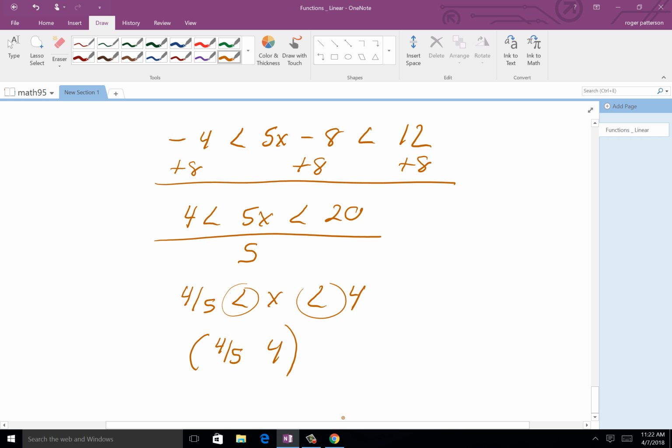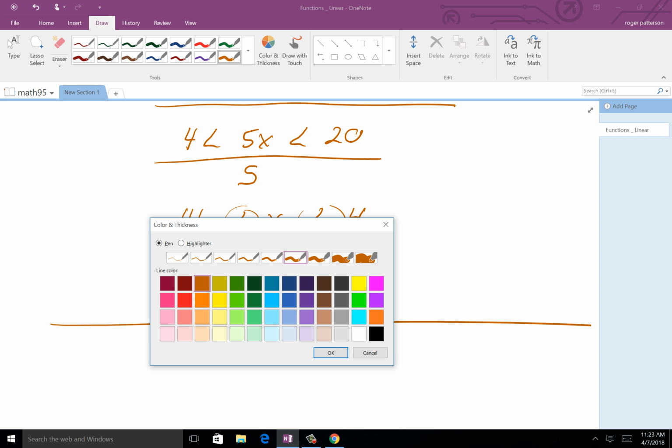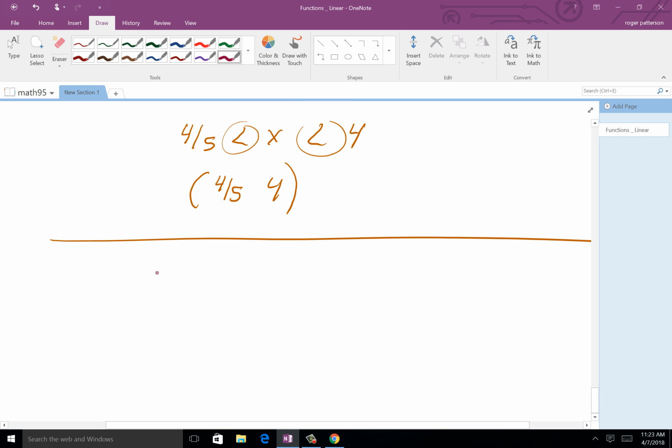All right. Now, let's change it up a little bit and take a look at an OR situation. In an OR situation, we would have 2x plus 1 less than -3, or 2x plus 1 is greater than 8.